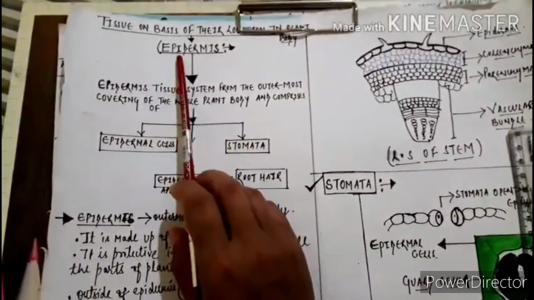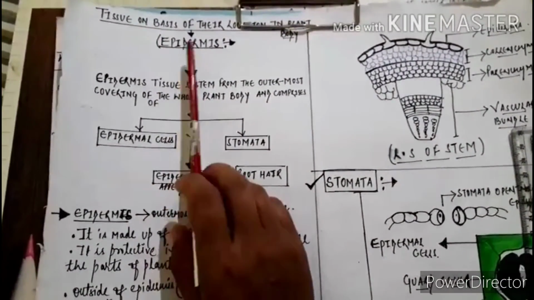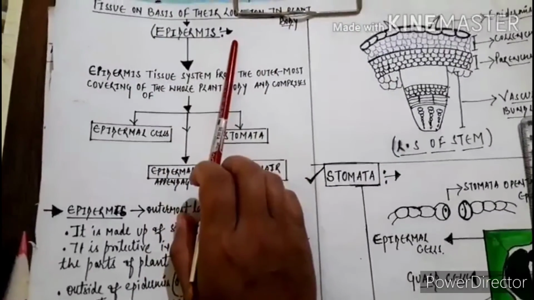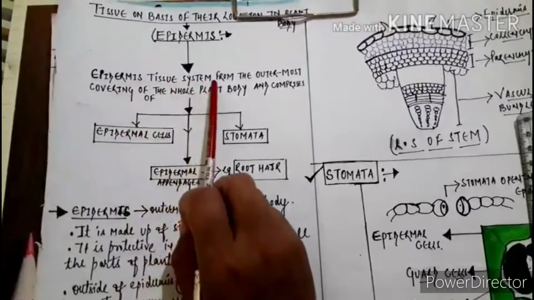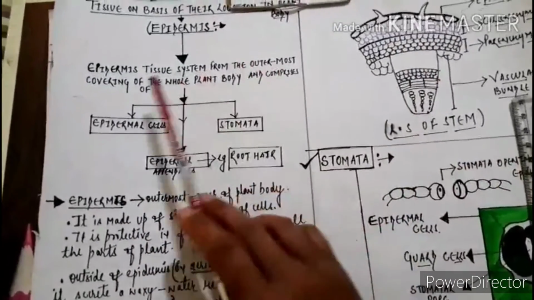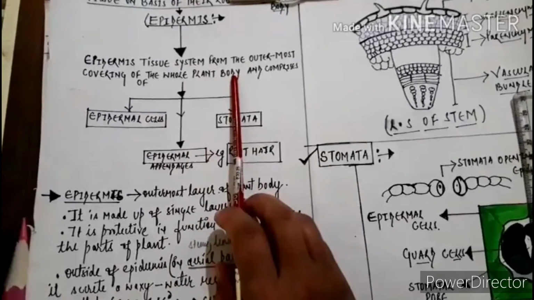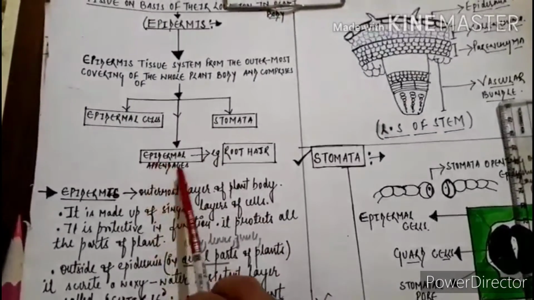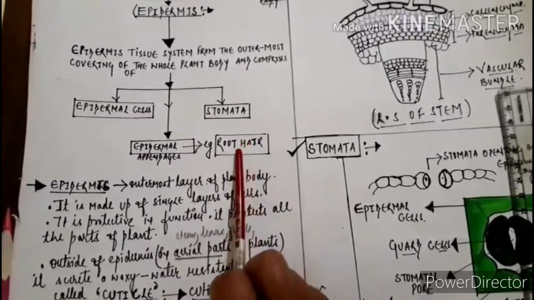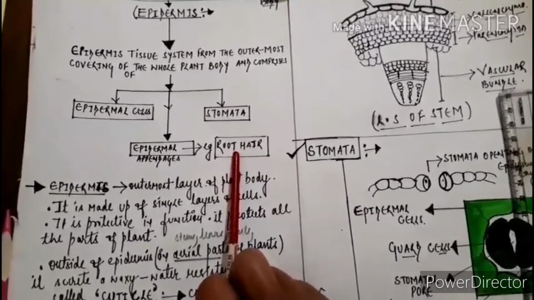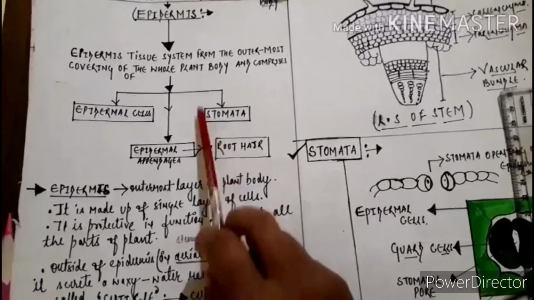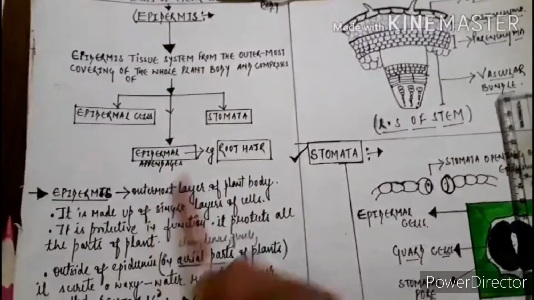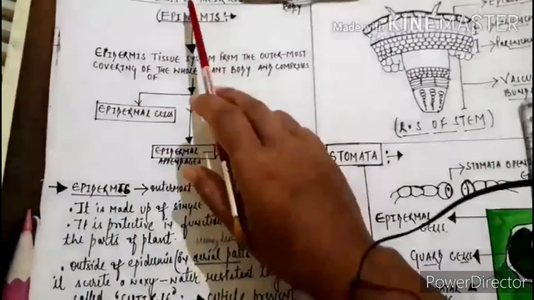First, the thing you have to know is that on the basis of location, this epidermal tissue system comes under tissues. Secondly, the epidermal tissue system is the outermost covering of the whole plant body, and it comprises epidermal cells. It comprises epidermal appendages like root hairs, which are present only in roots, not in any aerial part of the plants, and stomata. Stomata also originate from epidermis. All these things we will discuss under epidermis.